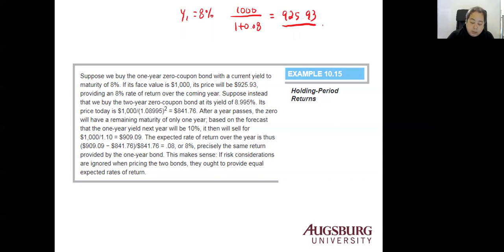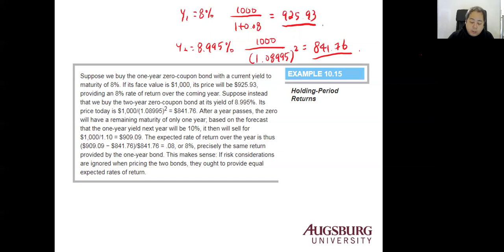Suppose that you have Y2 equal to 8.995% interest for 2 years. So this is a 2 year bond yielding 8.995%, squared, zero coupon, $841.76. Okay.